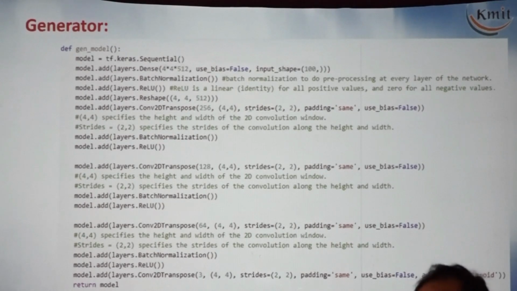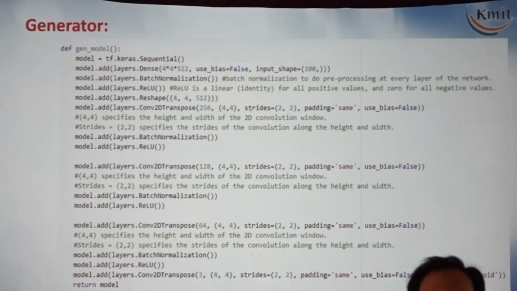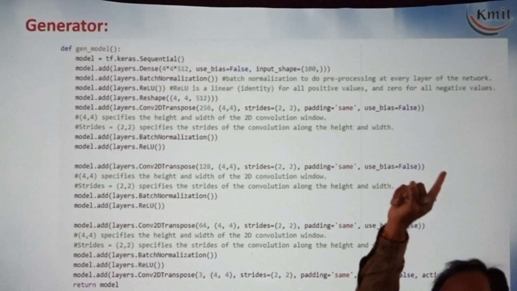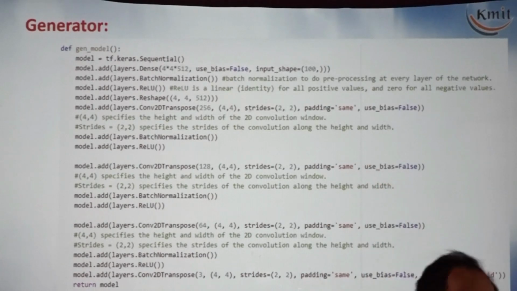As a developer, you have to mention, first, the size of the latent vector. Second, you have to mention the shape of the output. Based on this, you have to adjust and define the discriminator also.